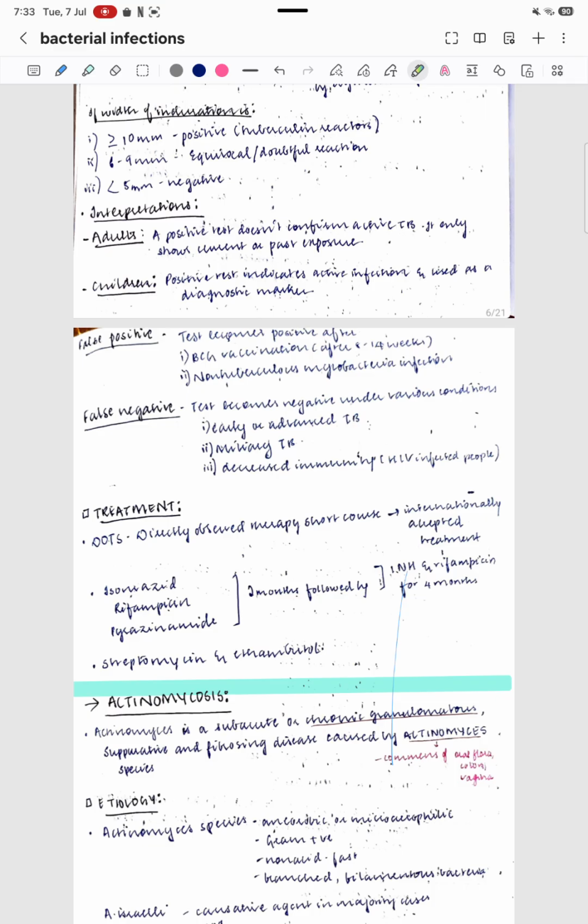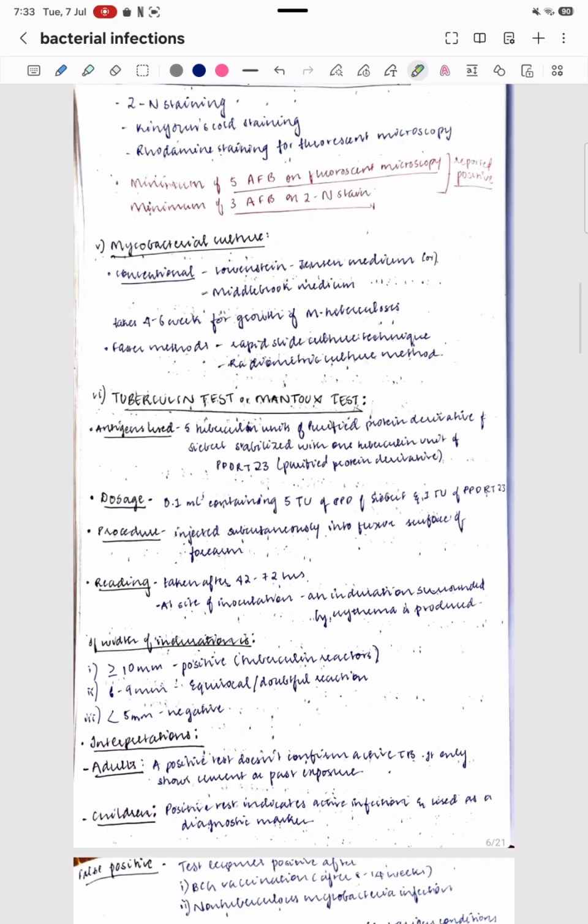Streptomycin and ethambutol are also given at times. So majorly just remember isoniazid, rifampicin and pyrazinamide are the major tablets which are given over a course duration under the name DOTS, that is directly observed therapy short course.